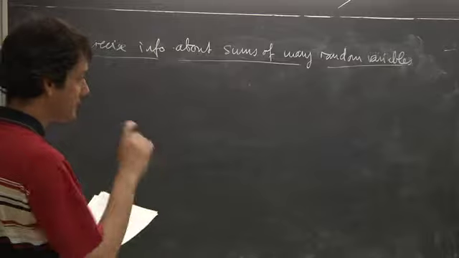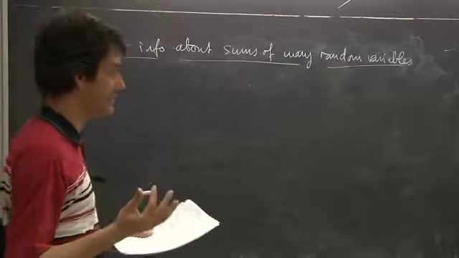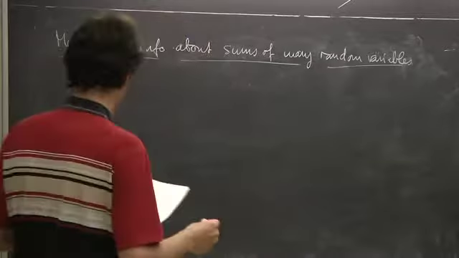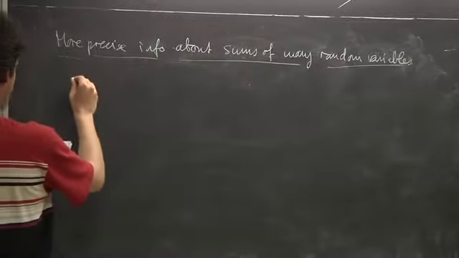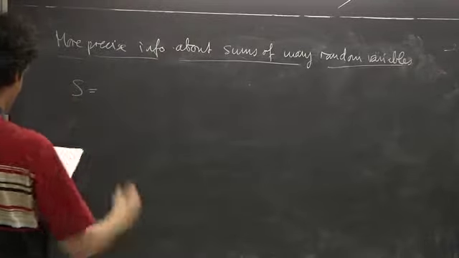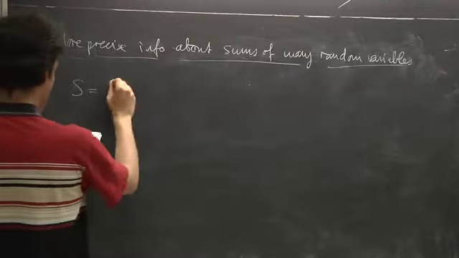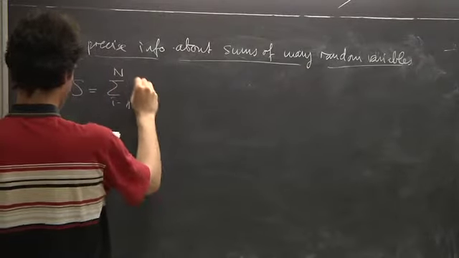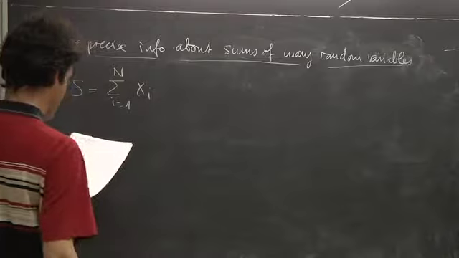You all already saw this coming up in the case of the binomial distribution, right? So, what is the object we are looking at? Call something again S, but here it's now just the sum of random variables, xi.